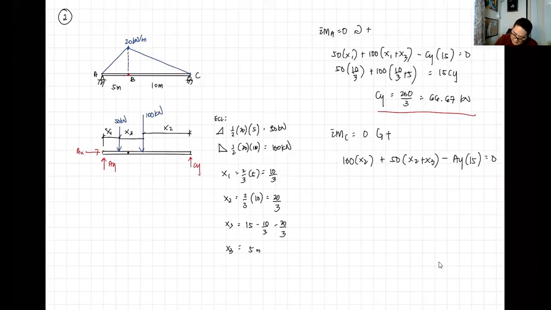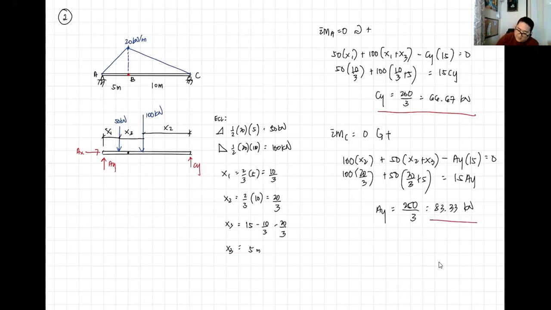Okay, so 100 times 20 over 3 plus 50, 20 over 3 plus 5, transpose natin 15 AY. Then calculate mo sa calcu. Okay, divide ng 15. That is 250 over 3 or equal sa 83.33 kilonewton. Okay, then yung AY natin.